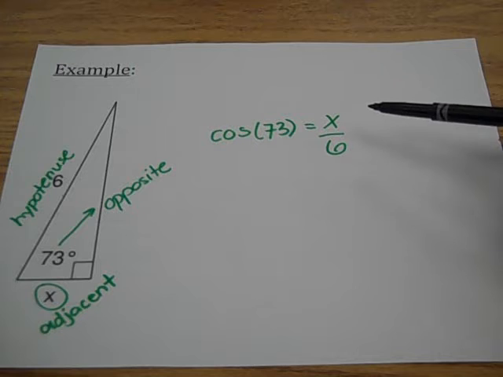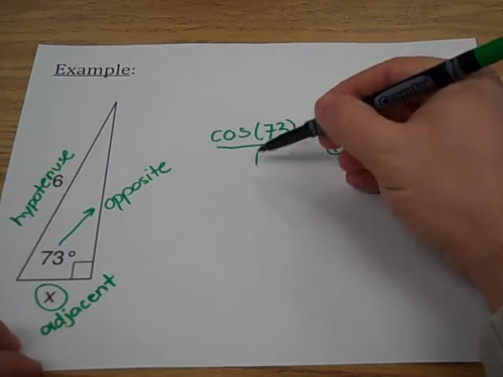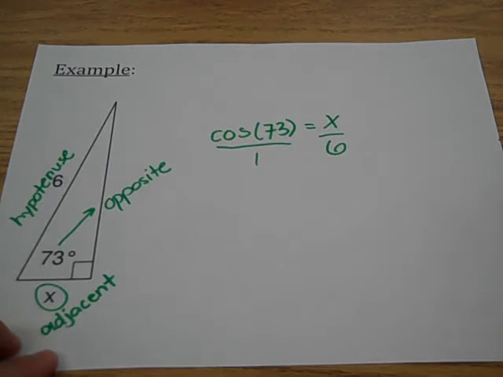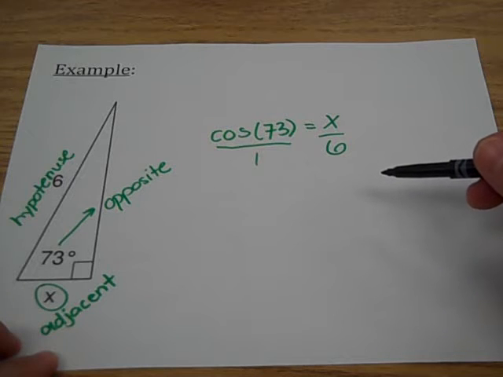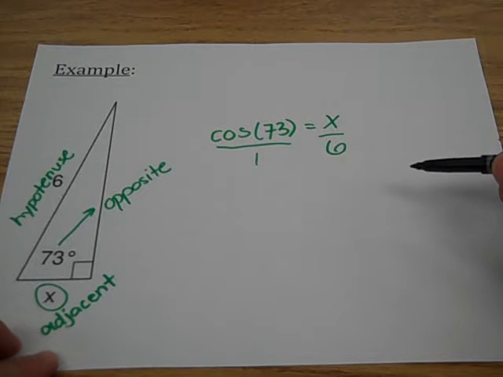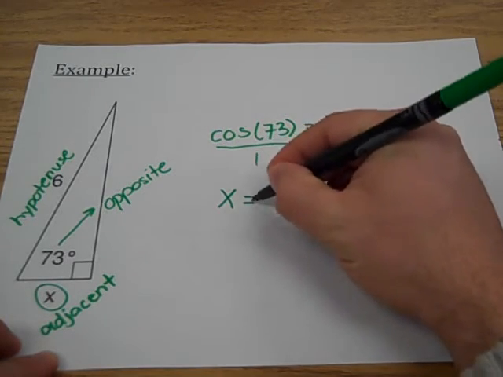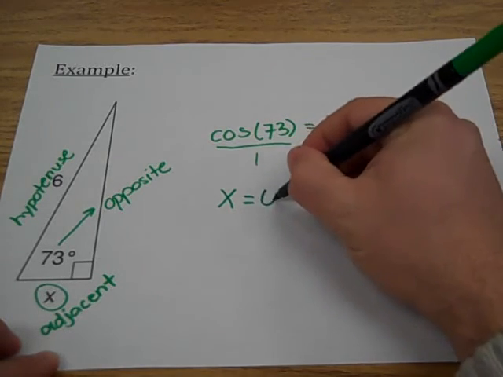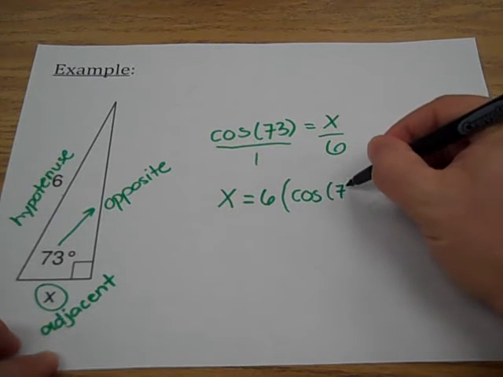So now we have an equation to solve. I'm going to divide this by 1. Anything divided by 1 is still the same thing. Now I have a proportion like we've been working with recently, and I can solve for x. I'll multiply x times 1 is x, and then 6 times this whole thing, cosine 73.